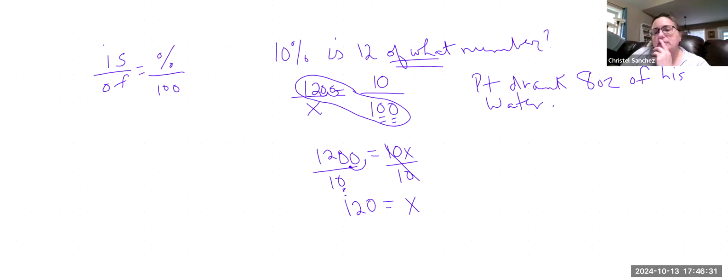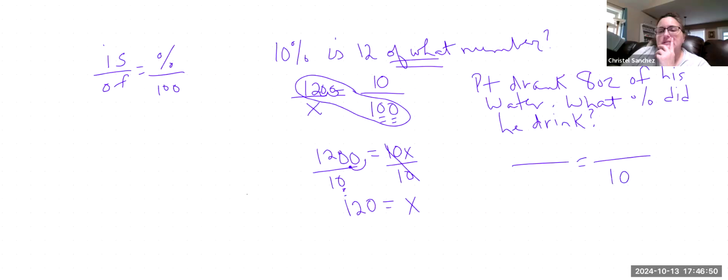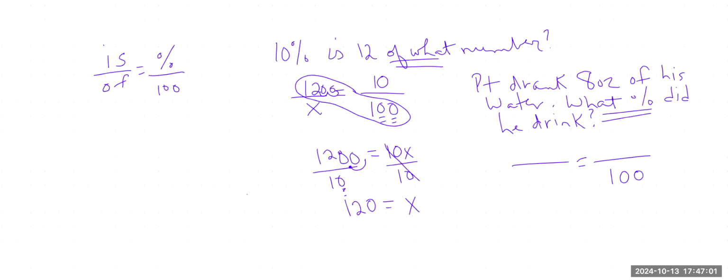What percentage did he drink? All right, so let's think of our formula over here. Remember that 100's always going to stay the same. So it's asking us what percentage. Do we know our percentage? No.